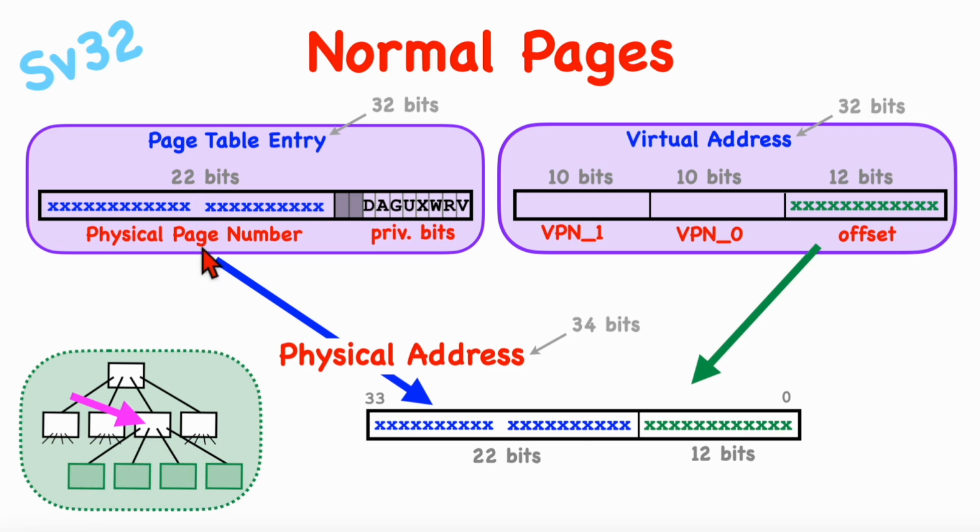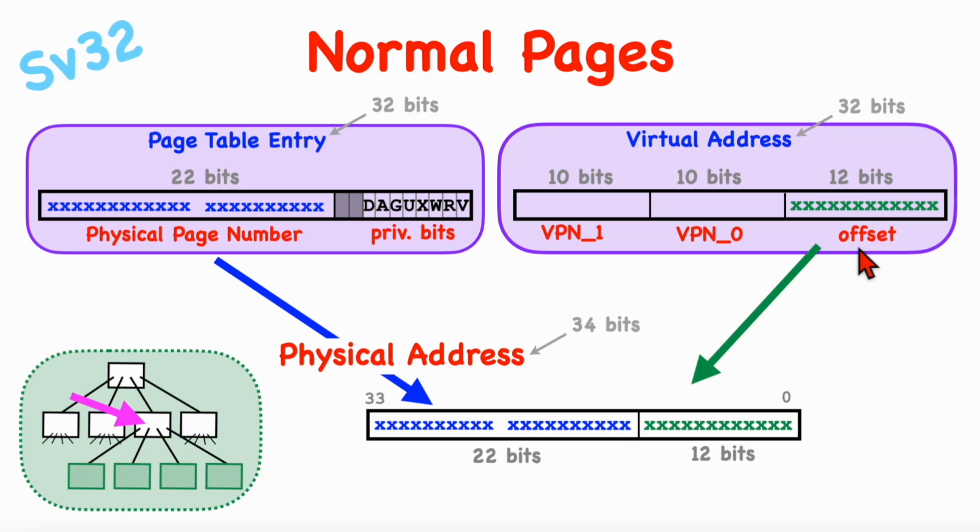The page table entry consists of a 22-bit physical page number as well as the privilege bits. The virtual address consists of two 10-bit index fields, which are used to perform the page table walk to locate the leaf page table entry, and it contains the 12-bit offset into the data page.